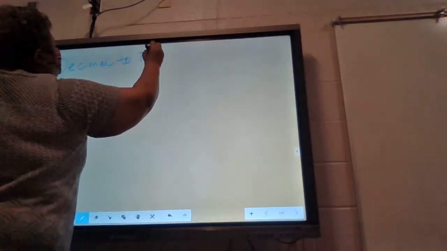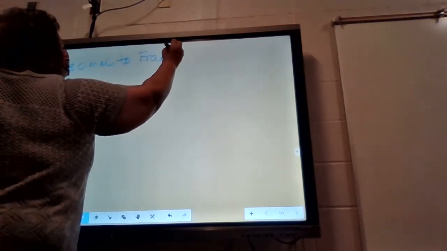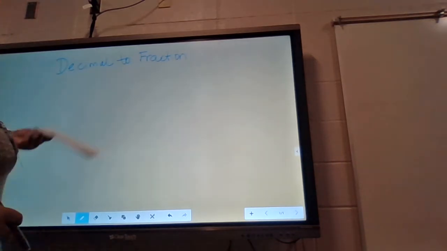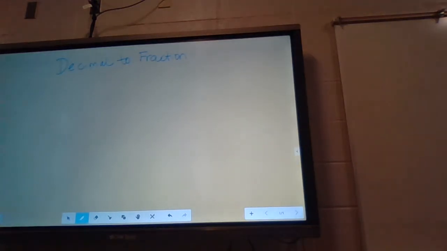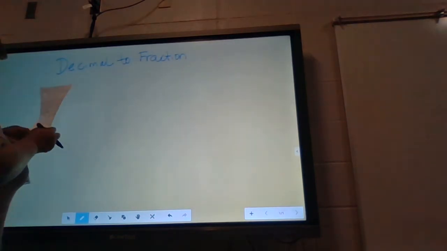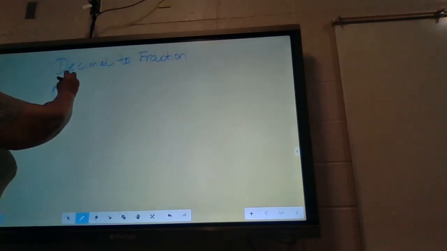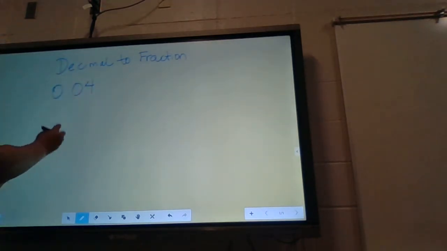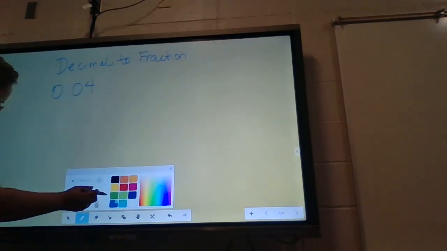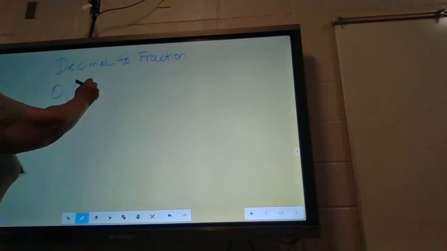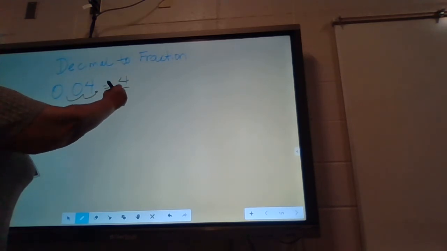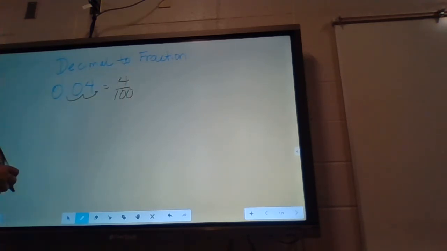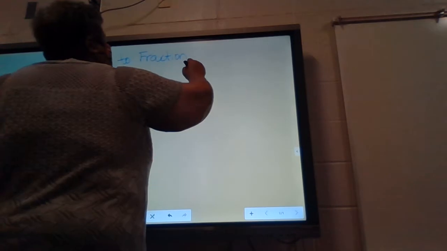There is another way to do this, but I'll show you this way first. On your wheel, my example is 0.04. It says, move your decimal 2 places to the right. So my new number is 4. So I put 4 over 100, and then I simplify.